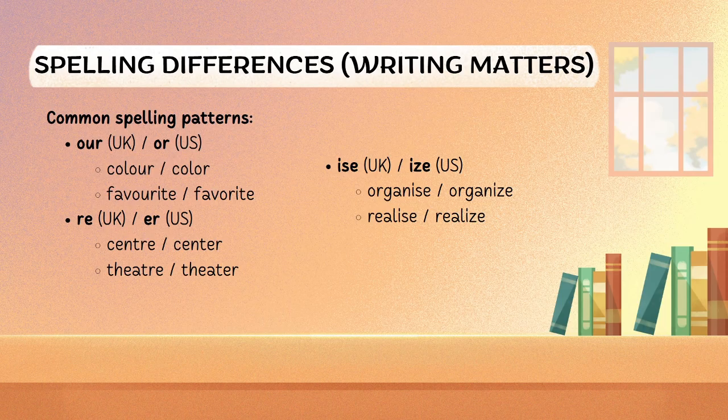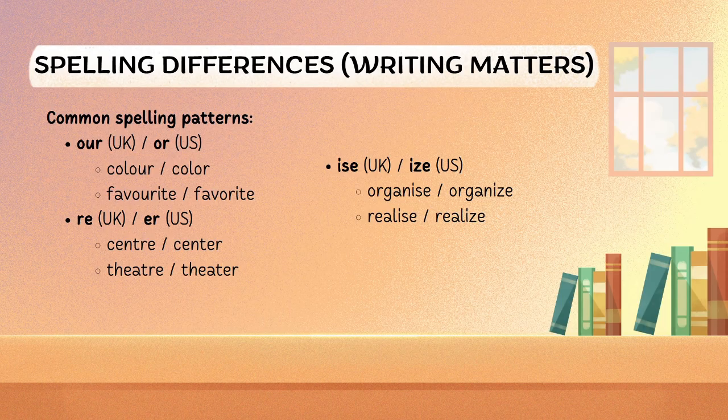Some examples: colour and color, favourite and favorite, centre and center, theatre and theater, ice and ice, organise and organize, realise and realize.